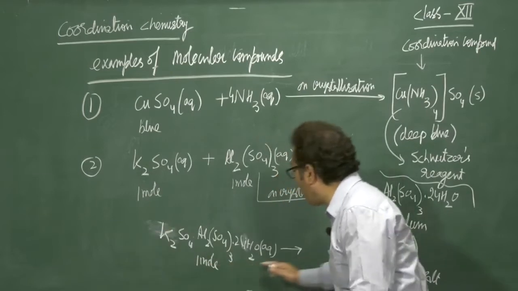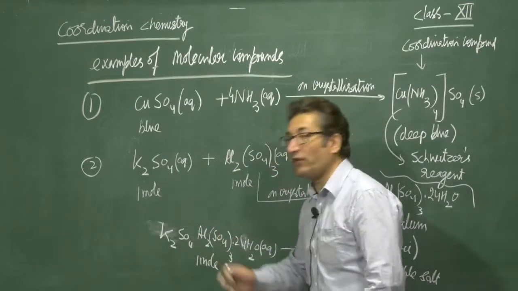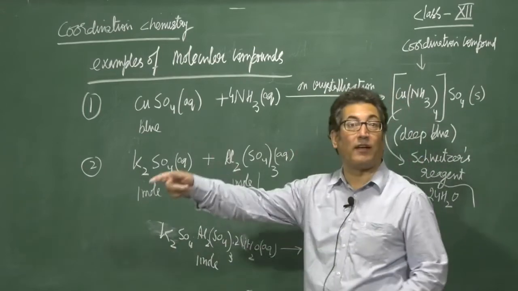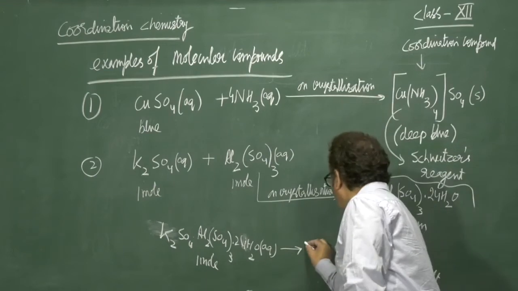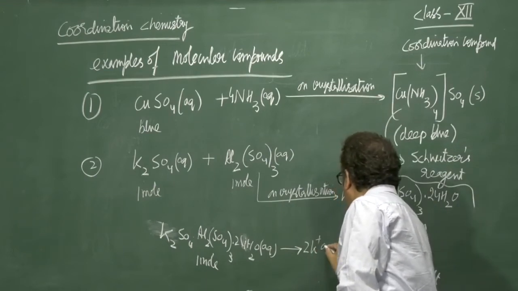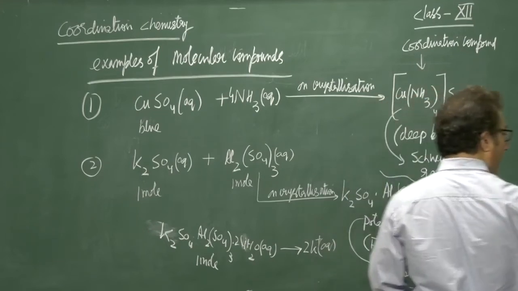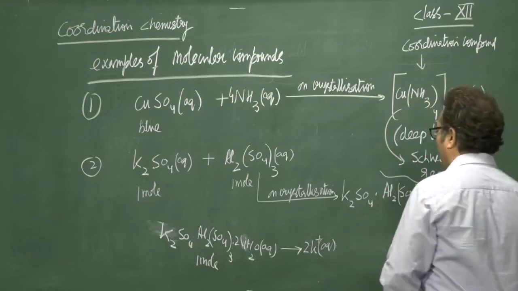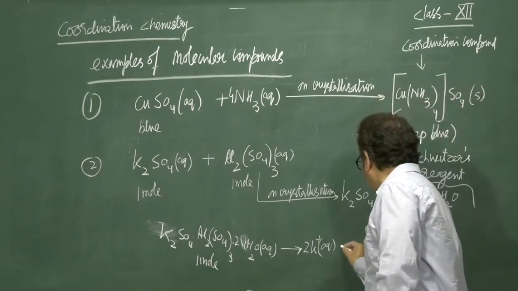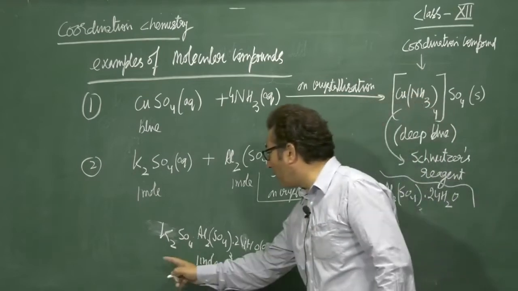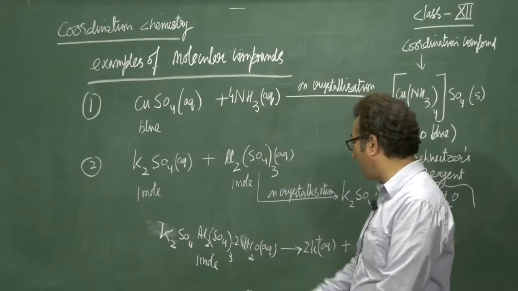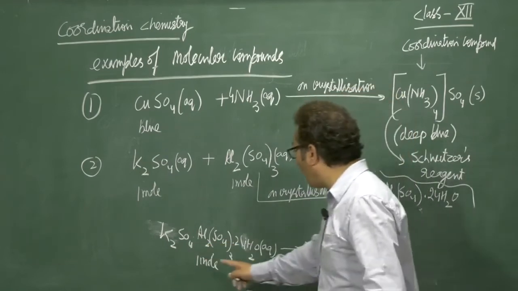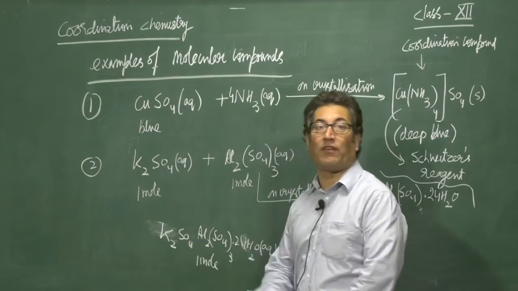One molecule contains 2 potassium atoms which are present as ions. Therefore, 1 mole will contain 2 moles of potassium ions. So on dissolving in water, it will dissociate to give 2 moles of potassium ions, plus 1 molecule contains 3 times 4, that is 4 ions of sulfate, which means 1 mole will contain 4 moles of sulfate ions.